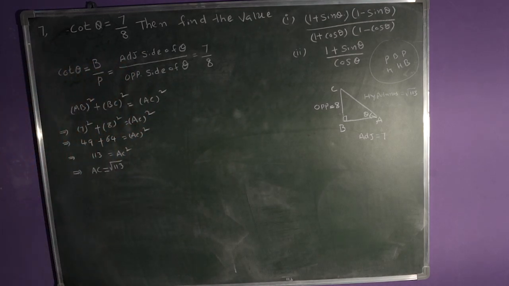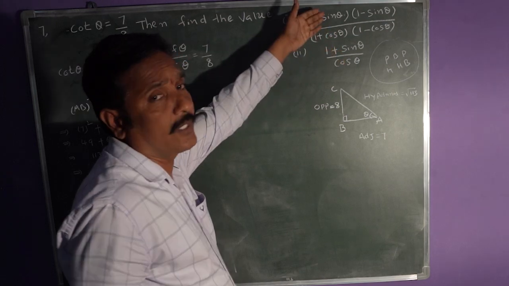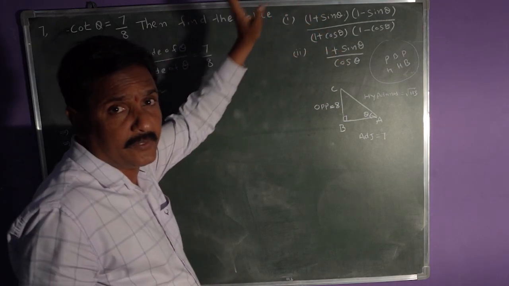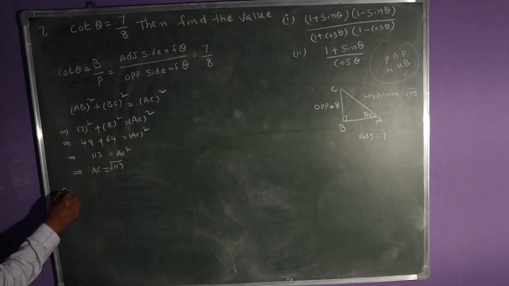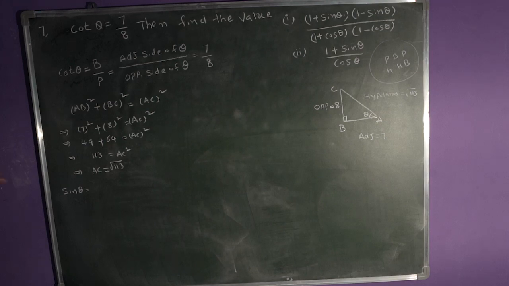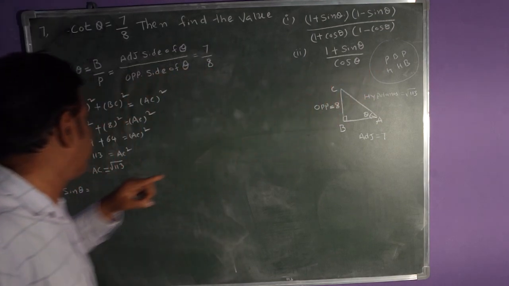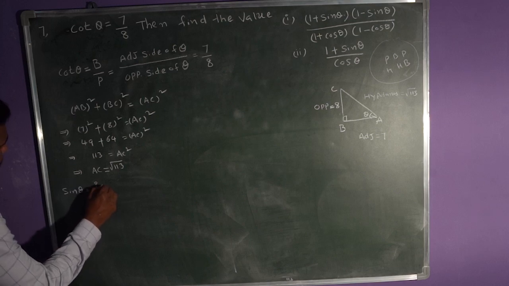Then the first value to find is 1 plus sin theta. If we find the sin value and cos value, we can do the first one. Okay, I will find the value of sin theta. Sin ratio is P by H. What is P?